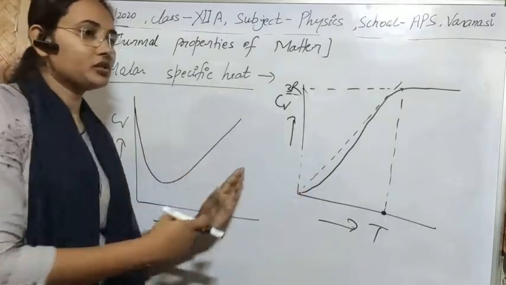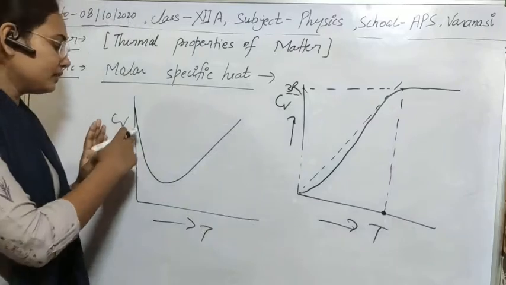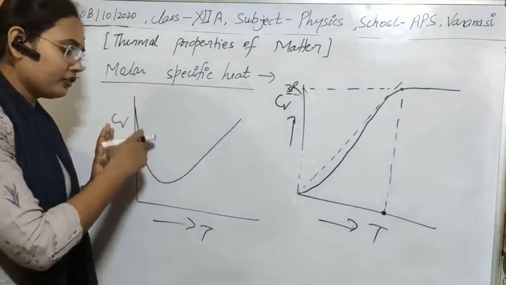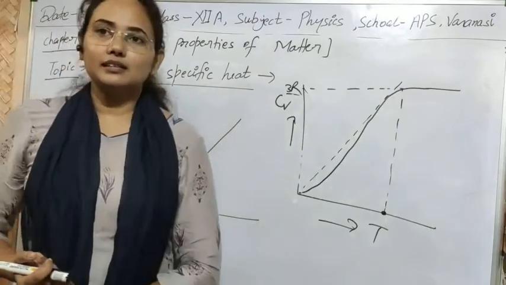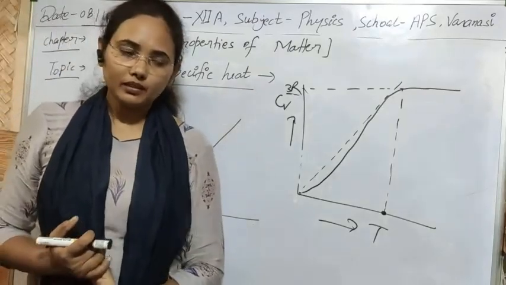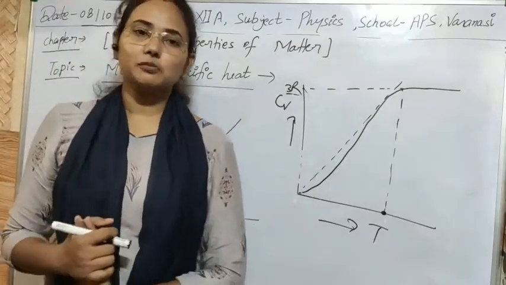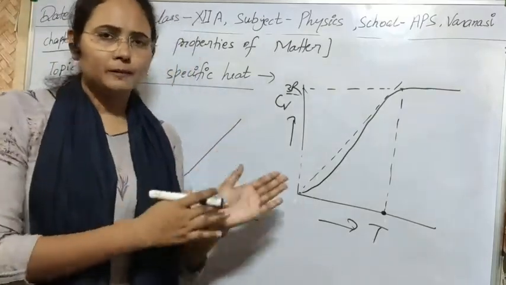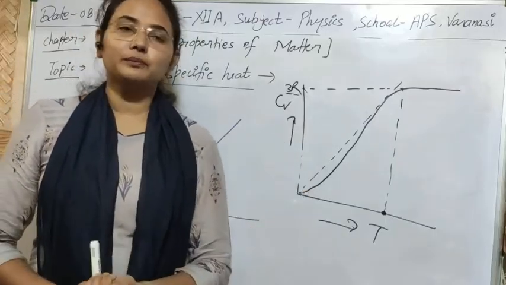Other solids and liquids show the T cube law behavior, but in the case of water, for the first 4 degrees Celsius it decreases, and after that it increases with increase in temperature. So I think the variation of specific heat with temperature for solids and for water is now clear to you.